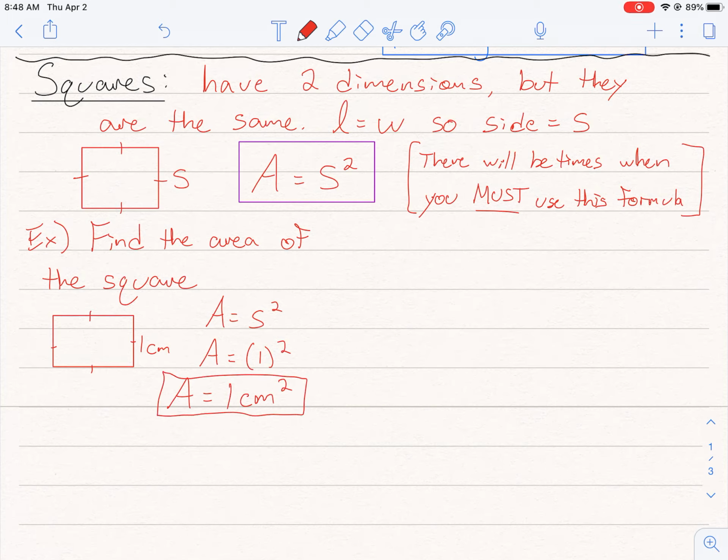Now, this seems pretty silly that your side length is 1, your area is also 1, but in terms of the units, your side length is 1 centimeter, your area is 1 centimeter squared. And actually, this turns out to be the definition of a square unit.